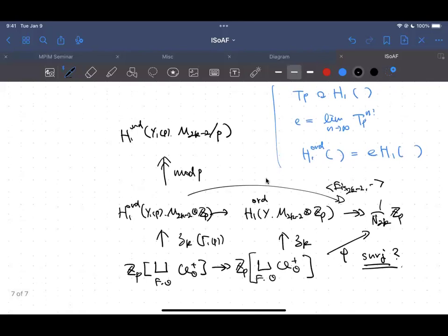Then there's a kind of miraculous thing for these mod p homology, which is often called Hida's control theorem.